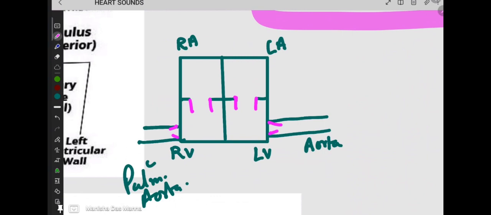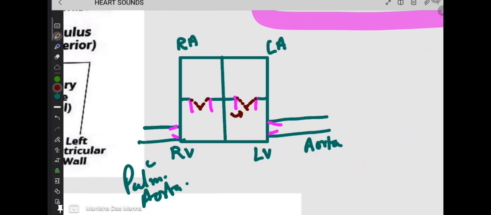The atrioventricular valves, the valves present between atrium and ventricle, that is the mitral valve and tricuspid valve, are preventing the backflow of the blood.